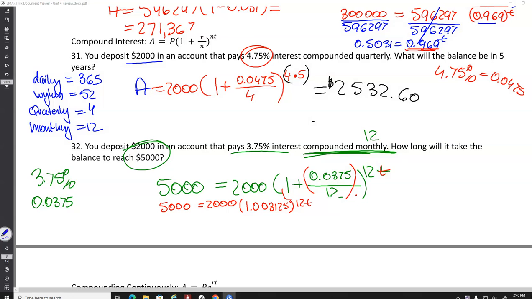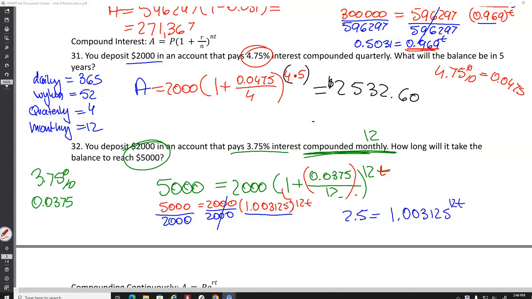So now I want to turn this into a log, but I have to get rid of this 2,000. So I'm going to divide both sides by 2,000 first. Now on the left, you are going to get 2.5, and then 1.003125 raised to the 12t.